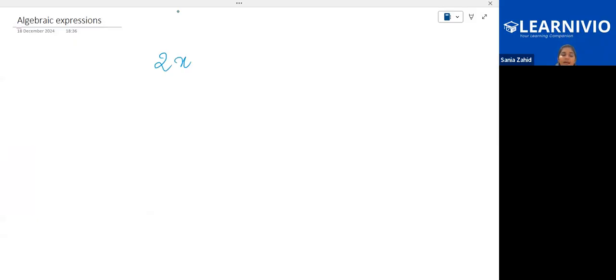Now, in 2x, I have a number. This 2 is a number, and this is known as a constant, right? And if I talk about x, this is a letter, and this is known as a variable, right? So all the numbers are known as constants, while all the letters are known as variables. Do you understand this?